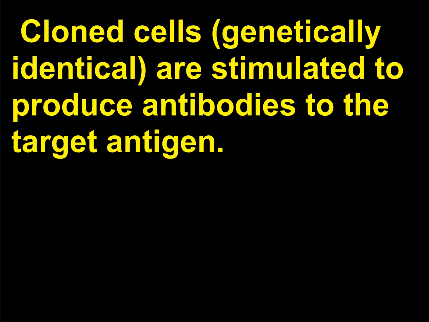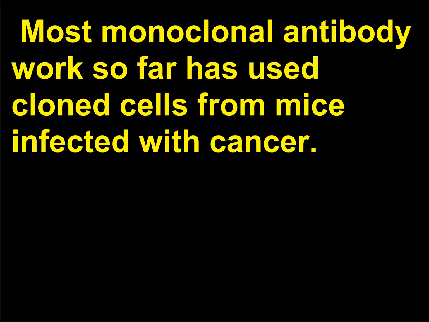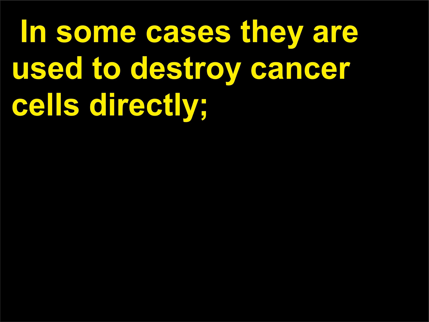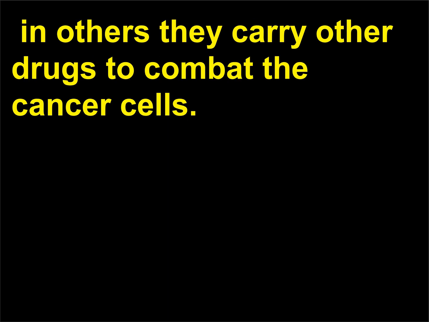Clone cells, genetically identical, are stimulated to produce antibodies to the target antigen. Most monoclonal antibody work so far has used clone cells from mice infected with cancer. In some cases they are used to destroy cancer cells directly. In others they carry other drugs to combat the cancer cells.